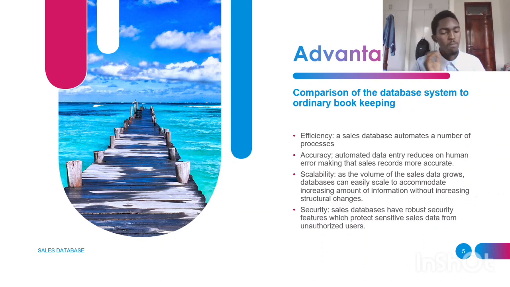Once you put in the product item code, you automatically get a number, you automatically get to know how much it is costing, and that is all put into the database. So that would count for efficiency and accuracy. As you're doing this, you're working faster and you're being more accurate.